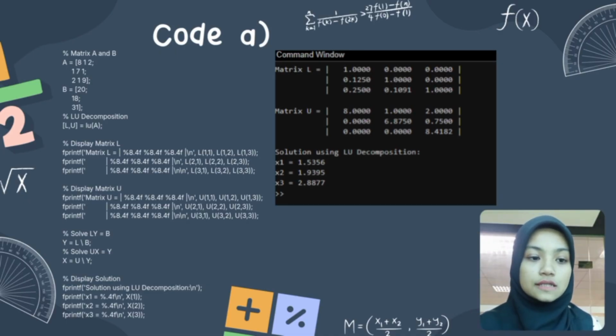After that, display the solution in the code using fprintf.